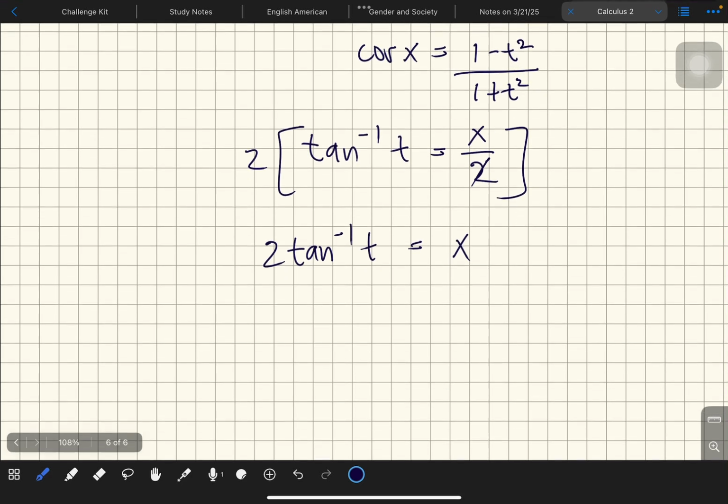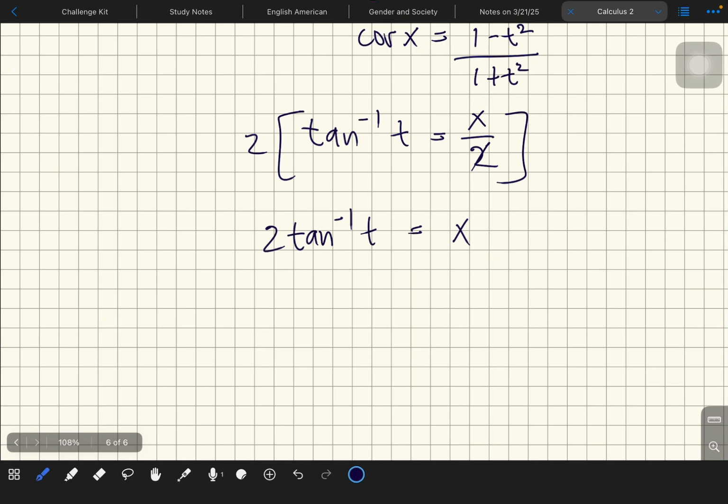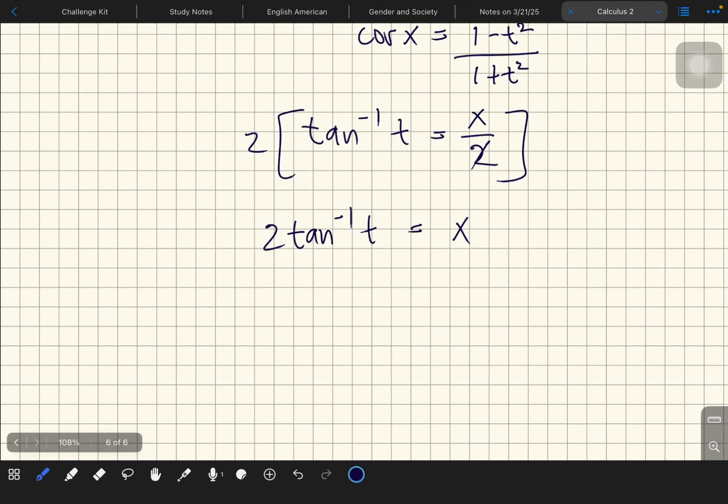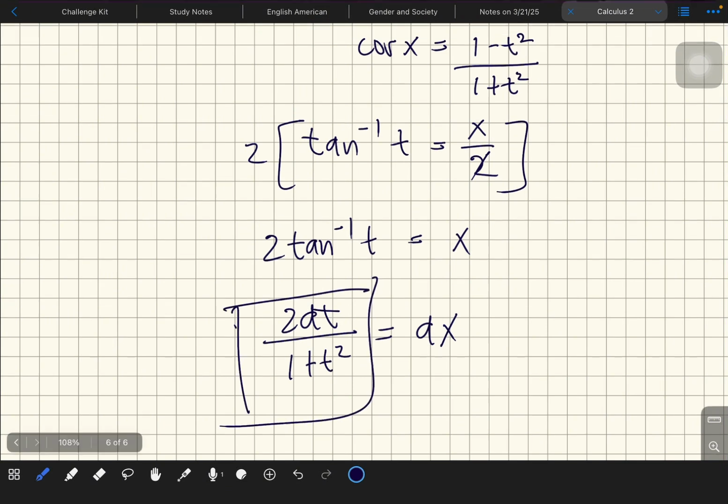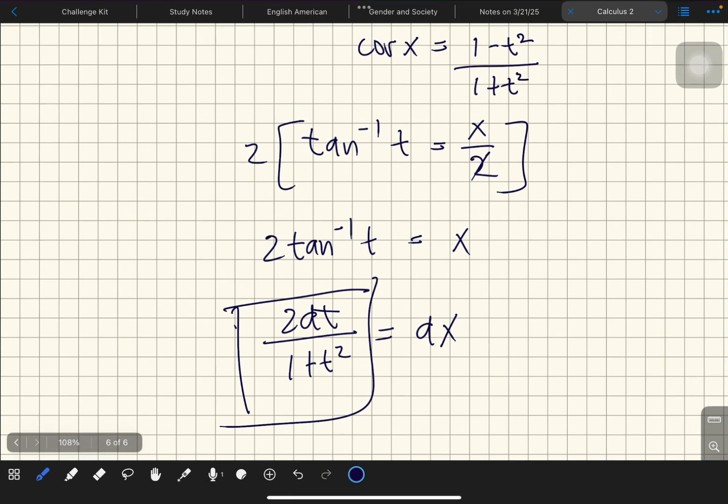Taking the derivative of both sides, it becomes 2 dt over 1 plus t squared is equal to dx. So our dx is equal to 2 dt over 1 plus t squared.